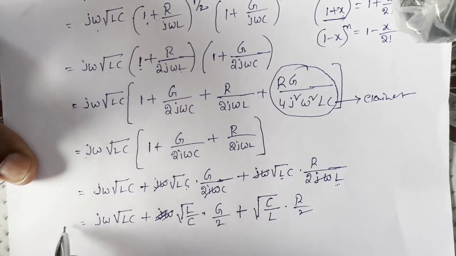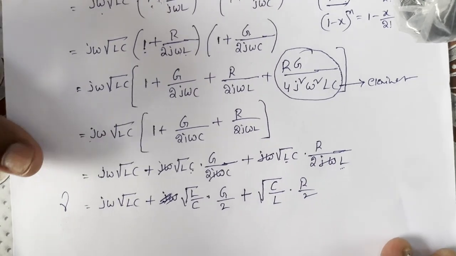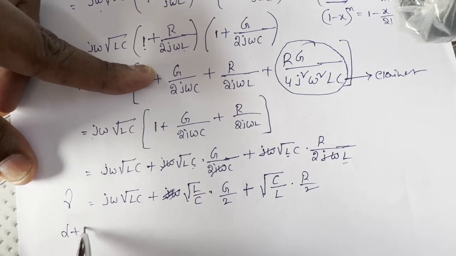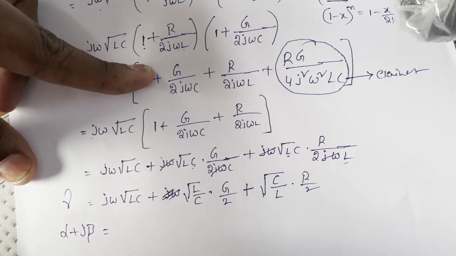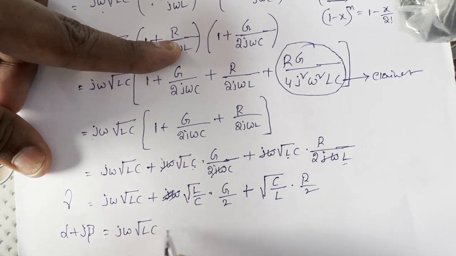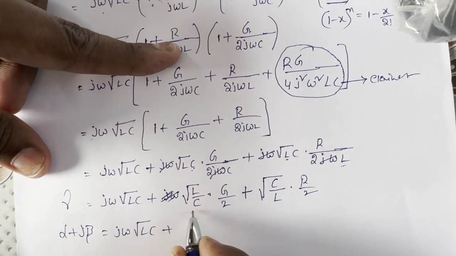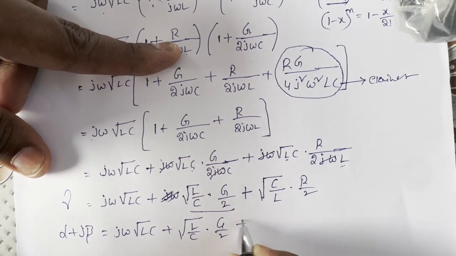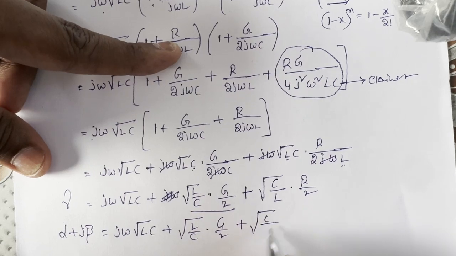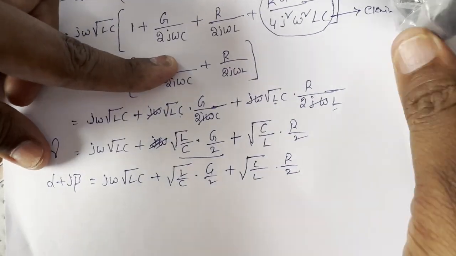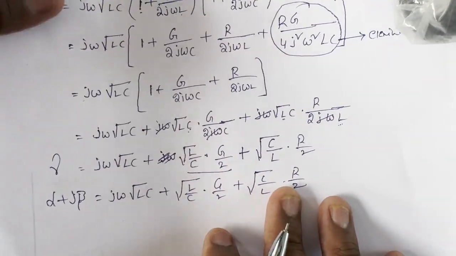It is gamma. Now gamma can be written as alpha plus j beta is equal to j omega root LC plus this one root L by C into G by 2 plus this one square root of C by L into R by 2. Now I am comparing the real and imaginary parts.